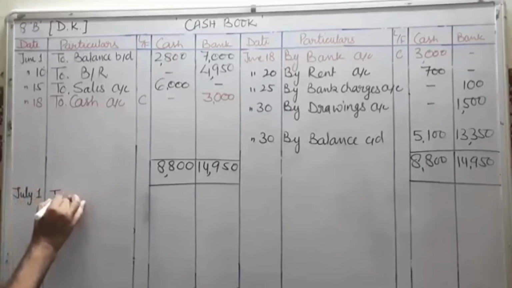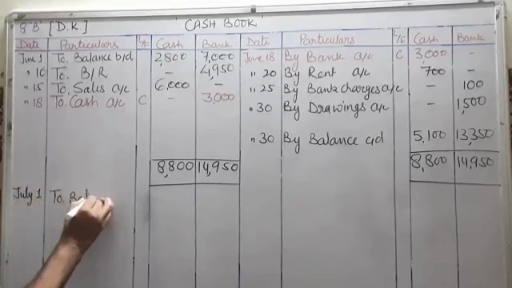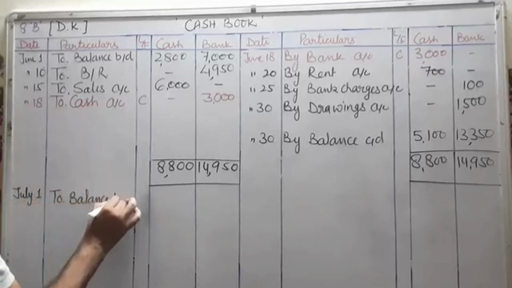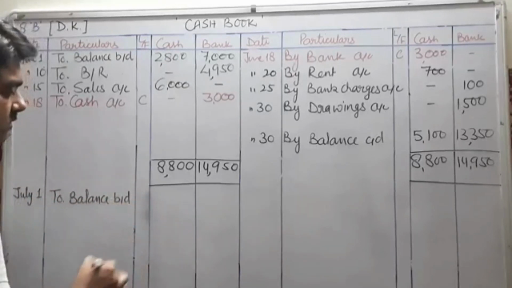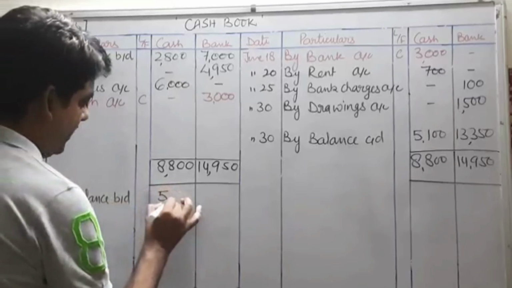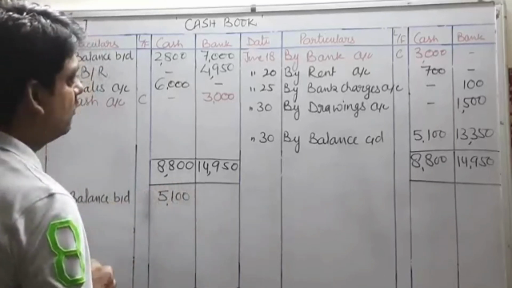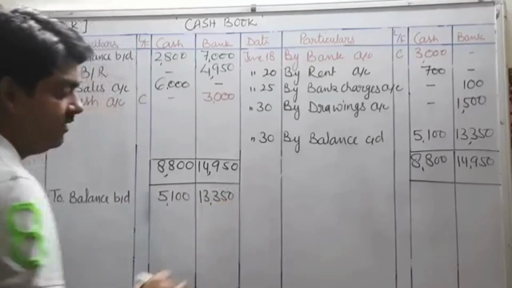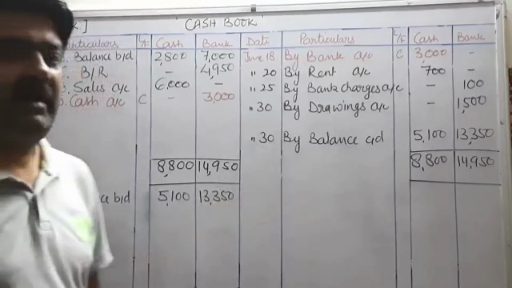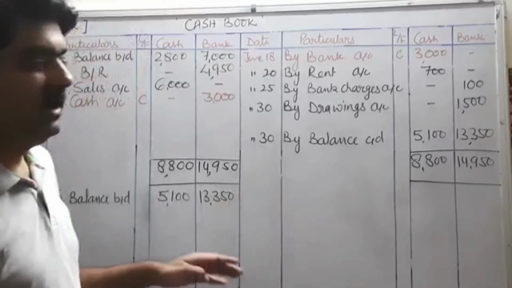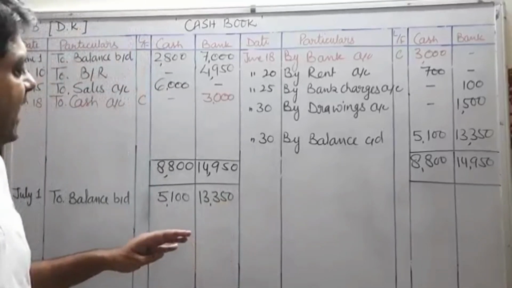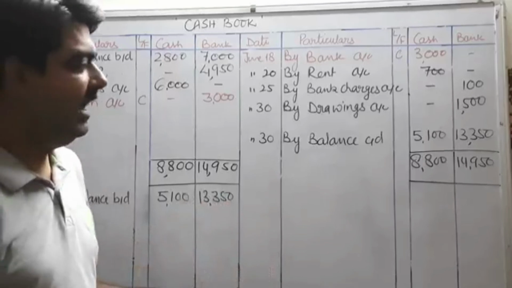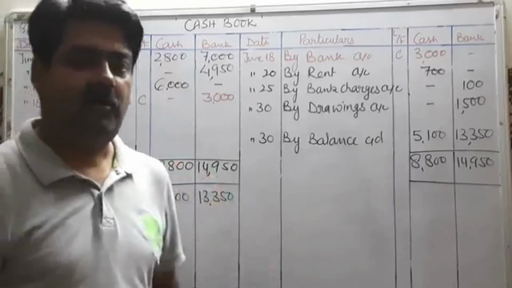Opening balance will come in debit side, that is to balance brought down 5,100 opening balance of cash, and 13,350 will be treated as opening balance of bank. So like this students, we will calculate balances and we will prepare double column cash book.